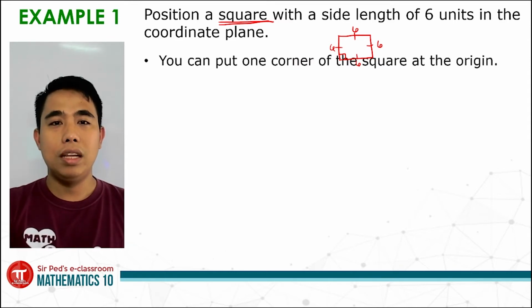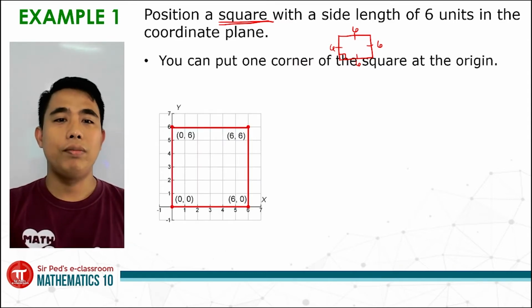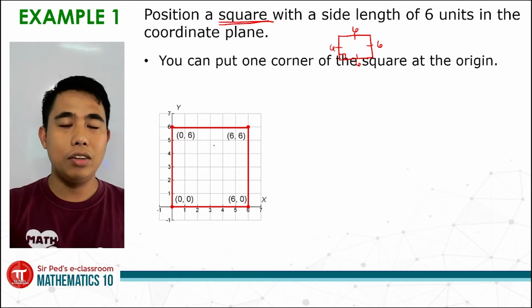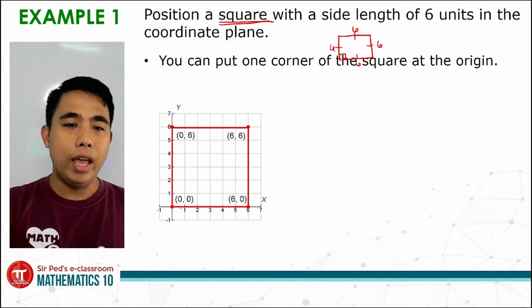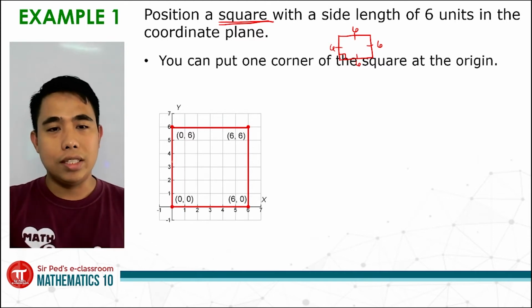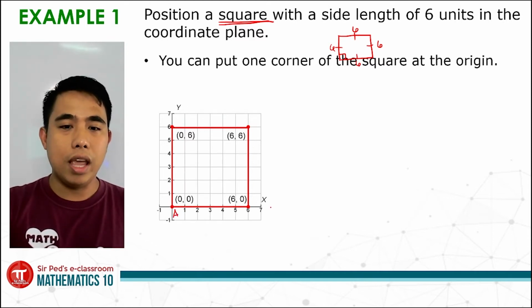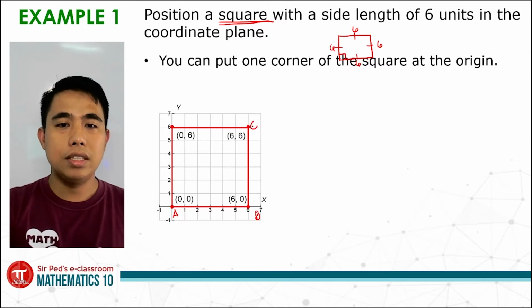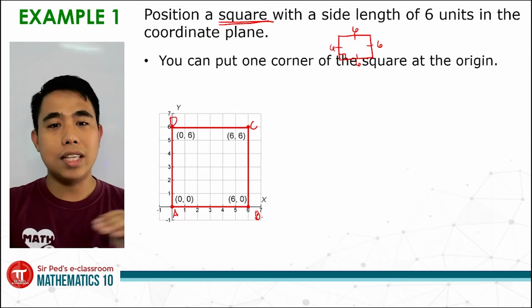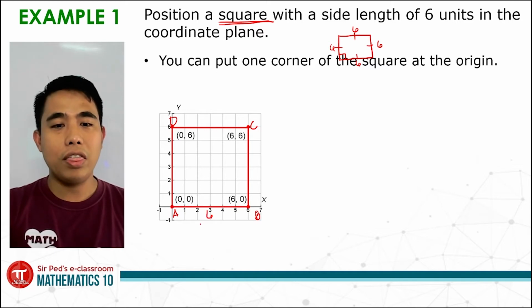It will be like this. So this is our square, and we should know the coordinates. If we name this A, B, C, D, since one side is along the x-axis and the length of one side of the square is 6 units, then the coordinates of point B will be (6, 0).